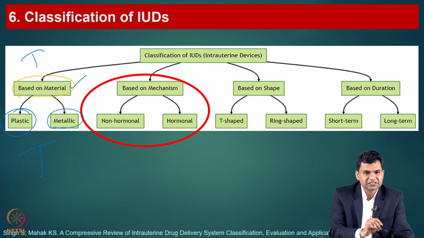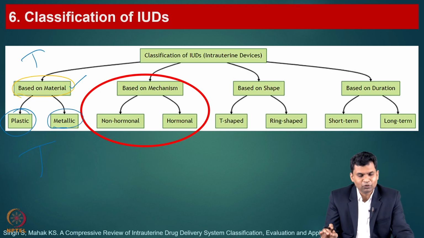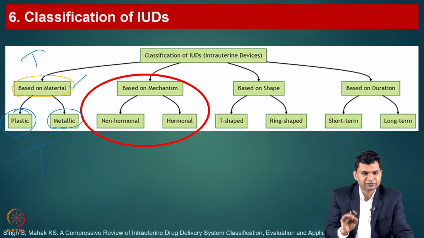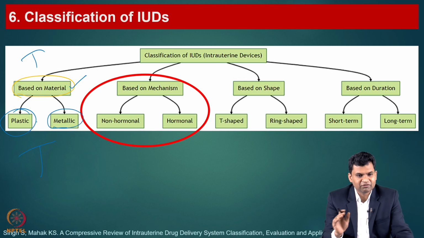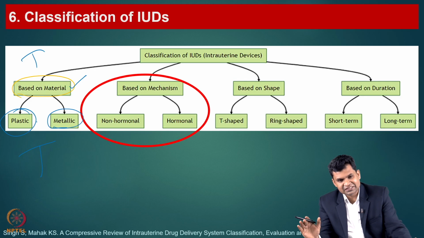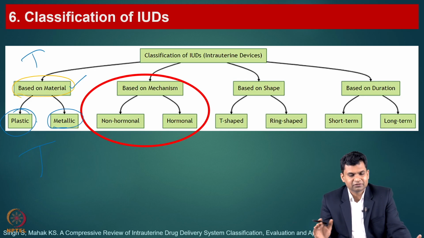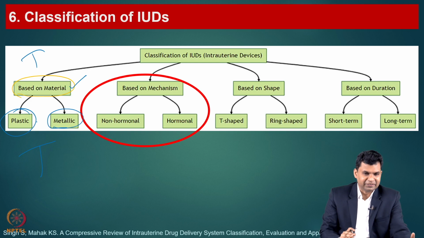The selection of metal is very important. Plastic and metallic both have advantages as well as disadvantages. Based on the requirement, the stability, storage and compatibility of your drug need to be considered while choosing the material.